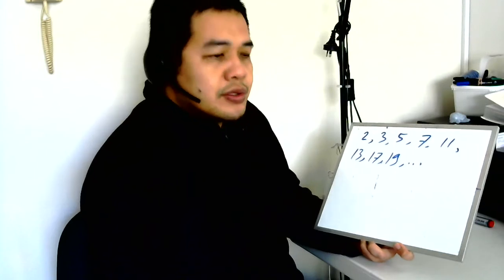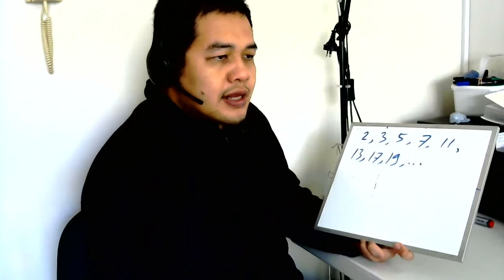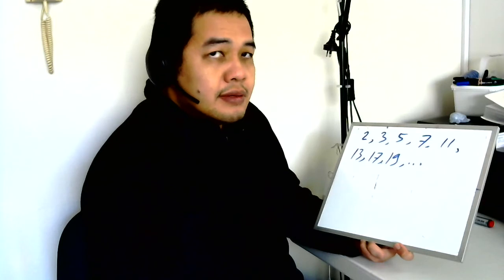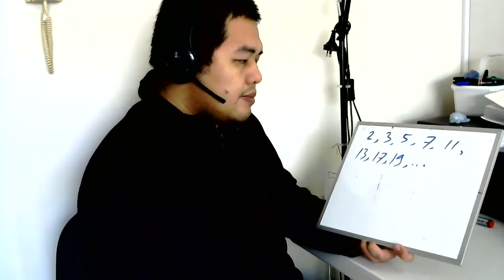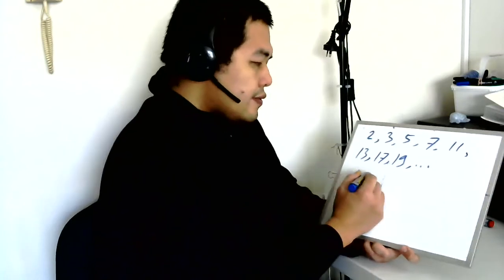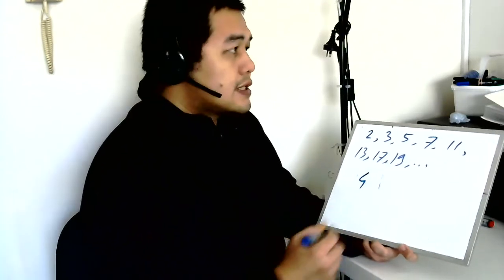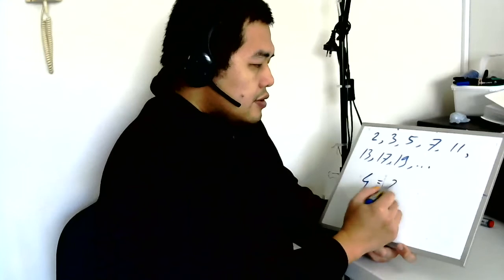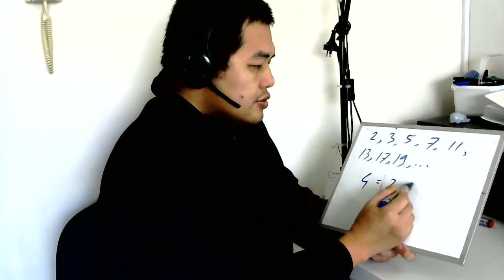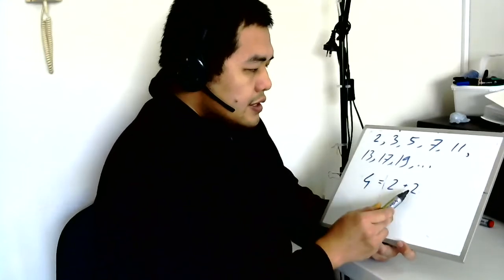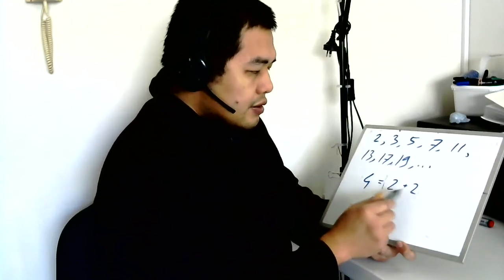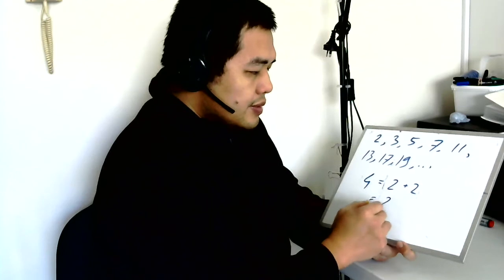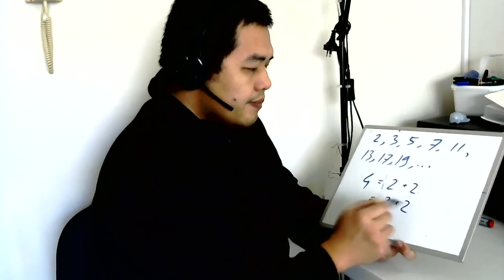Yesterday I mentioned that basically you can create any number with prime numbers. For example, if you talk about 4, in this case it equals 2 plus 2. Now if you have this, that means we have 2 groups of 2. So we can also write 2 plus 2 as 2 multiplied by 2. Okay?